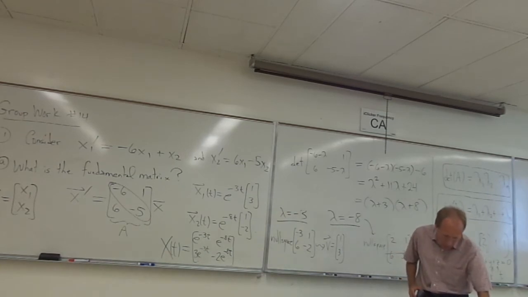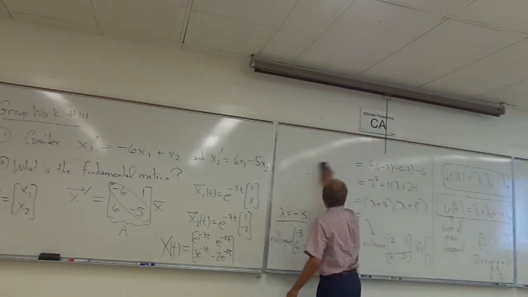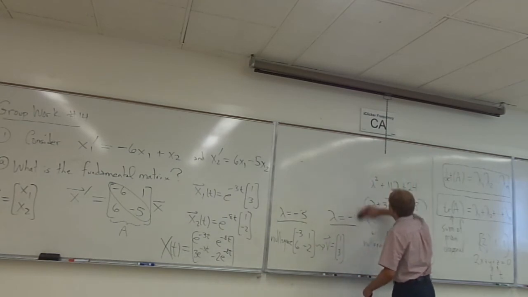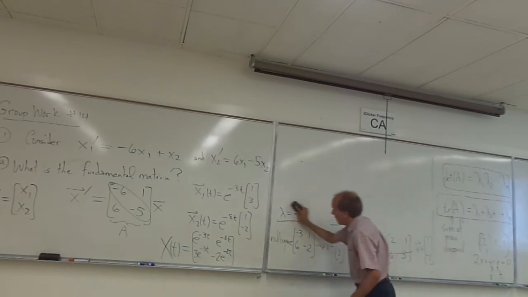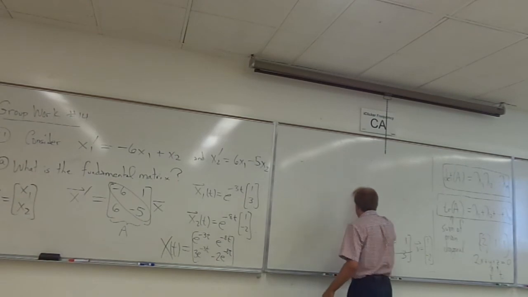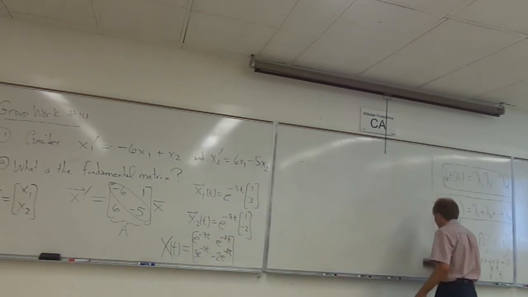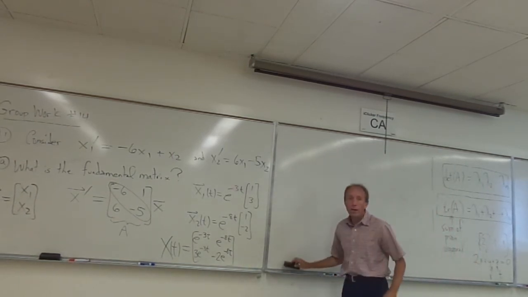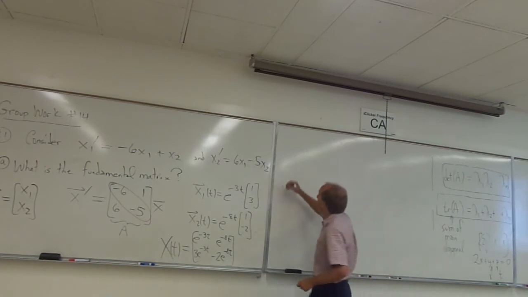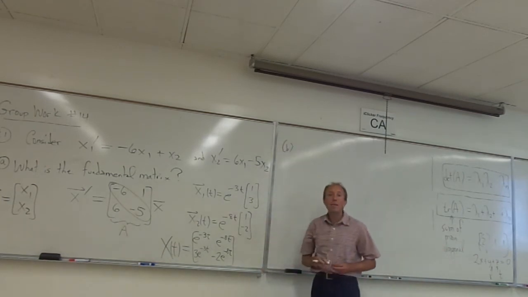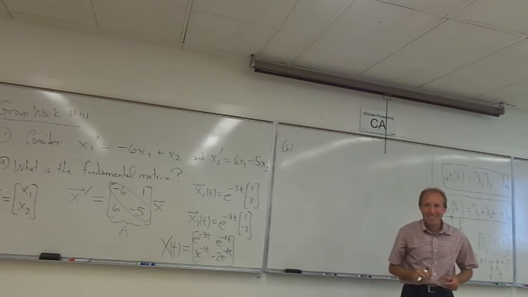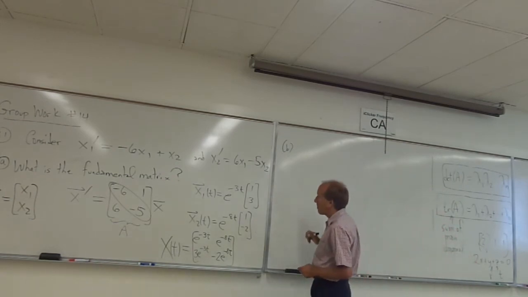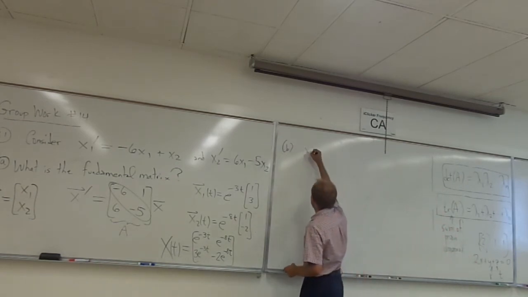Part B is to actually write down the general solution. We did all the hard work in part A, so for part B we literally can just write down the answer. Does anybody know what it is? c1 x1 plus c2 x2.